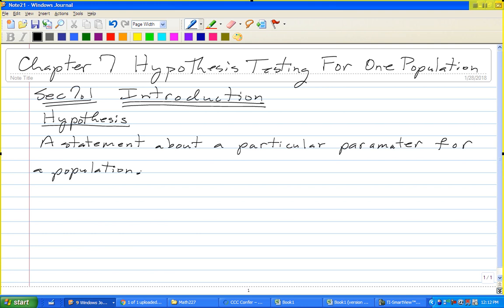The hypothesis is that the population mean is equal to 12. The hypothesis is a claim that the population variance is greater than 3. Things of that sort.